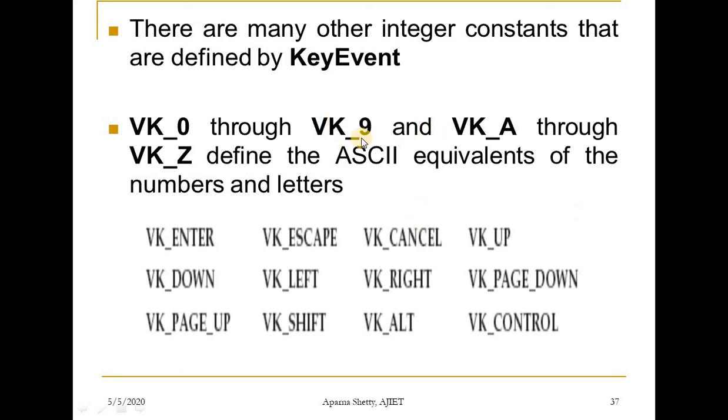Letters and digits are represented by the constants VK0 to VK9 and VK_A to VK_Z, and the other keys are represented by these constants.